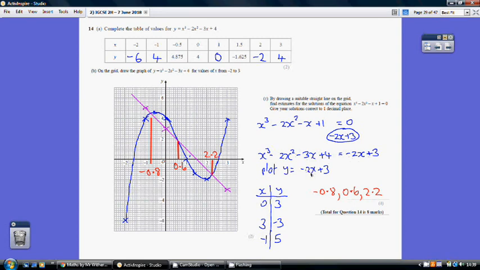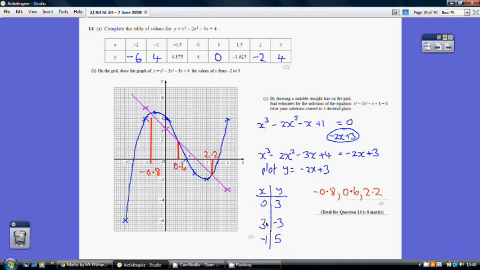Now to plot y equals minus 2x plus 3, you just need 2 or 3 points. Well, you need 2, but I would suggest you work out 3 points just to be on the safe side. So I've opted for the values of x equaling 0, x equaling 3 and x equaling minus 1, just to give me 3 that are quite nicely spread out. So when x is 0, substituting in I get minus 2 lots of 0, which is 0, adding 3, y equals 3.